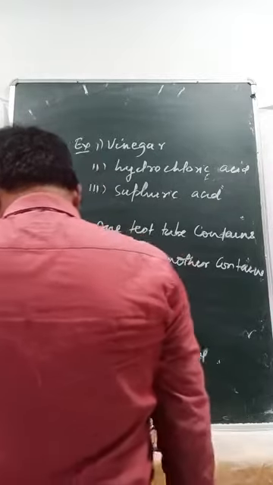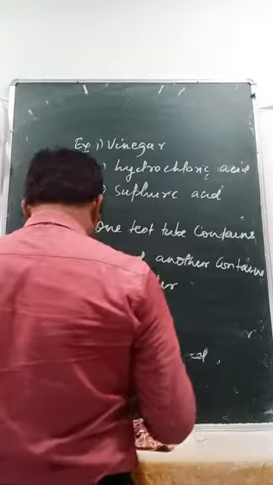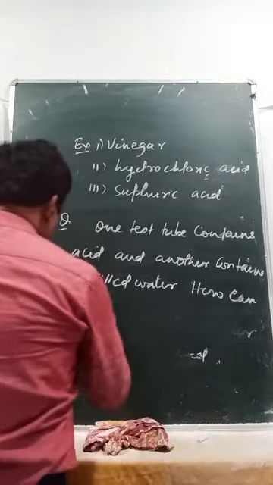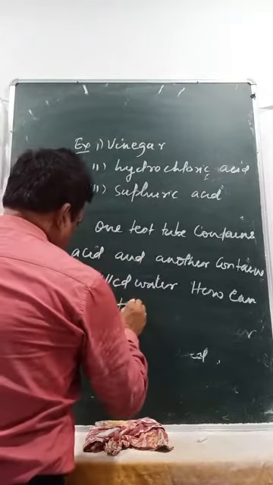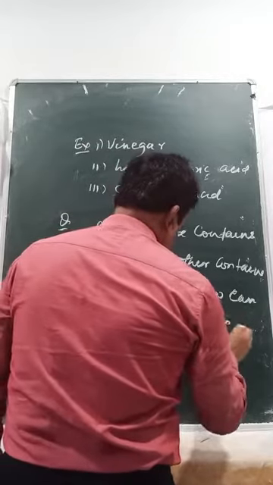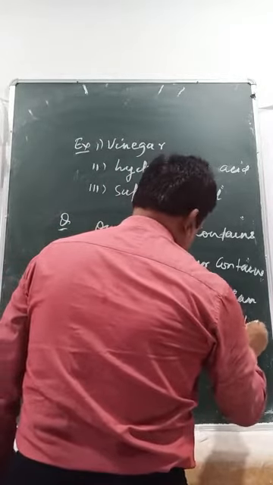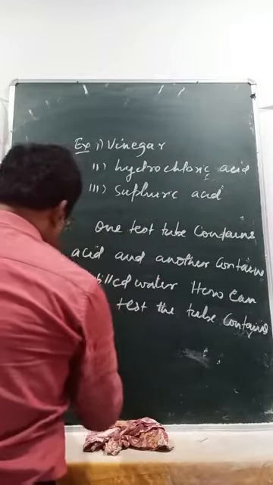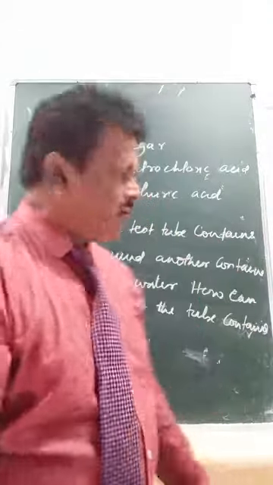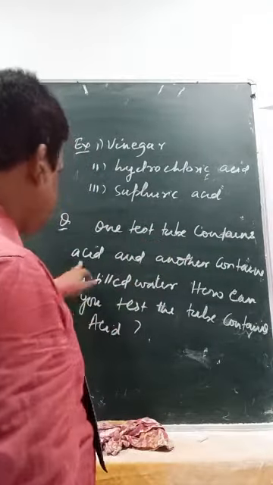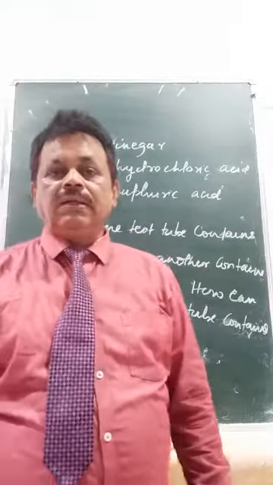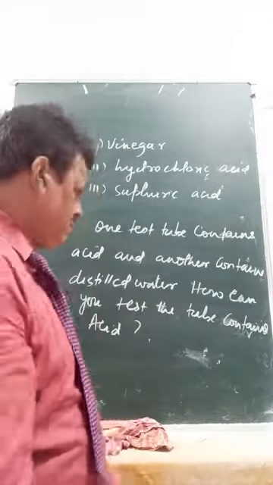Okay, how can you test which tube contains acid? Very simple. How to know? One test tube is containing acid, the other one is distilled water. So how to know which test tube is containing acid? So what will be your answer on this?